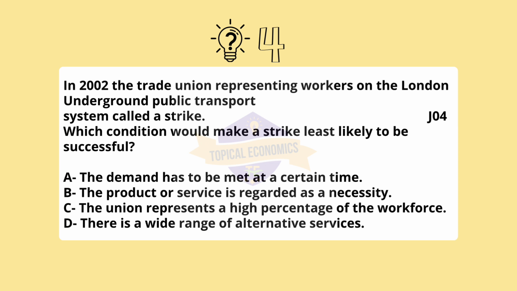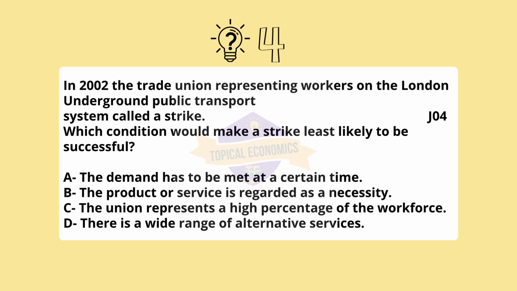So when we look at this question and the options they have given us, we know that if consumers are going to have many alternatives, they may not be affected by the strike. So pressure on the employer to concede to the union demands will be reduced if there is a wide range of alternative services available.